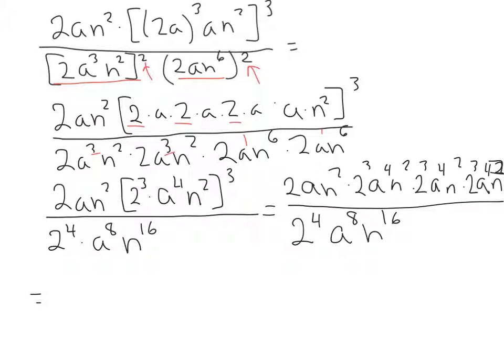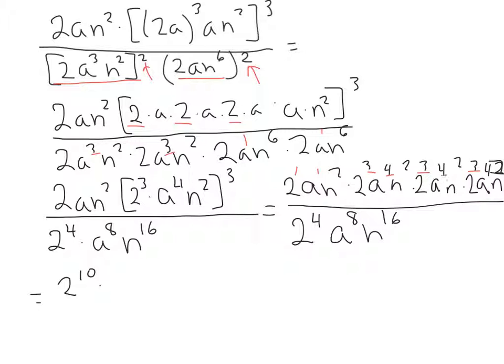We can count all of our 2's. We have 1, 2, 3 more is 4, 3 more is 7, 3 more is 10. So we have 2 to the 10th. We'll count our a's. We have 1 a right there. We have 4 more.